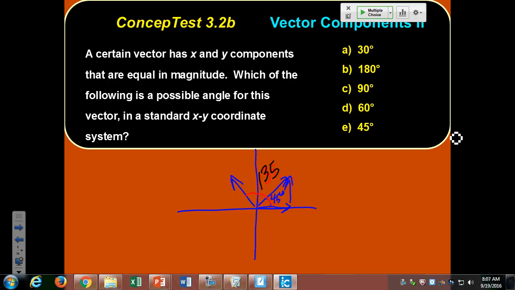Or it could be down in this quadrant, which would be, what's that? 225. Or it could be down in this quadrant, which would be 315, that's right, are you sure? Yes, you're right, 315 degrees. So it can be in any one of those quadrants, depending upon whether the components are positive or negative.